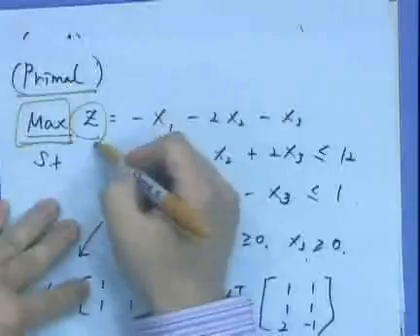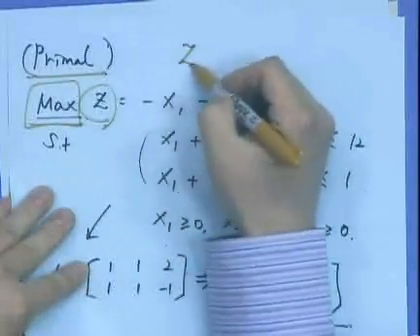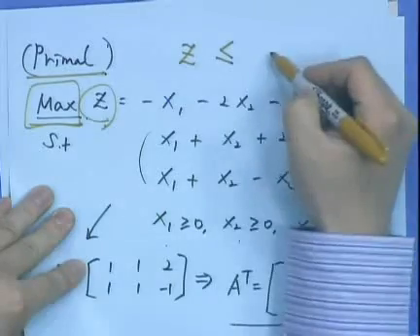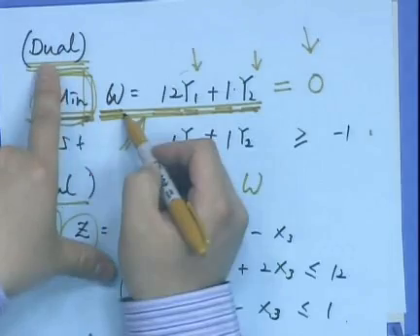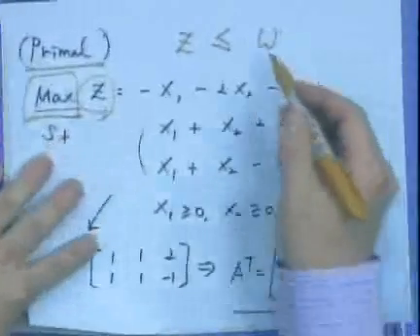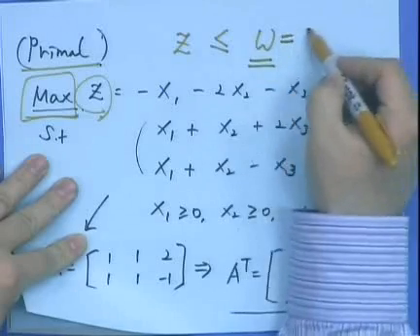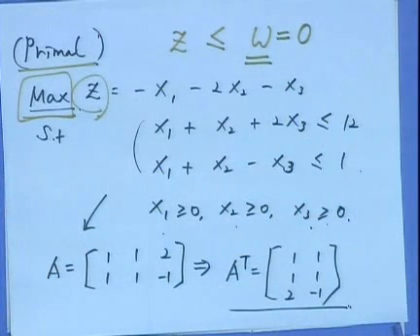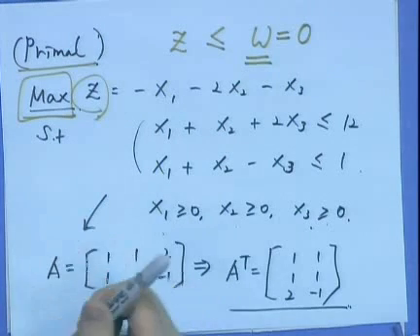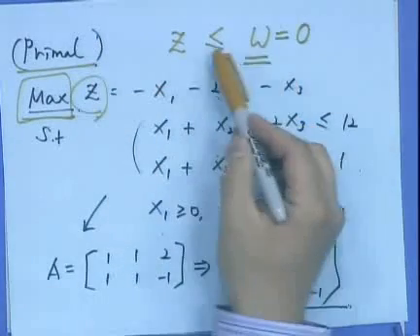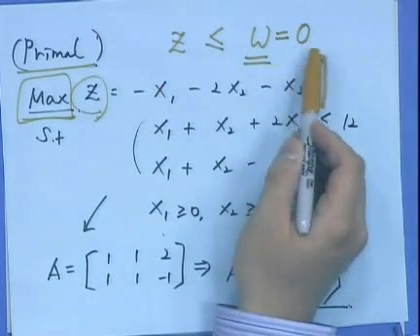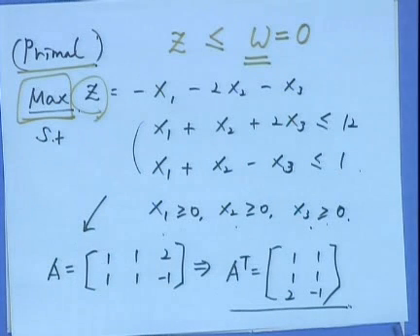So this z value should be less than or equal to the W value, which is the objective function value from the dual problem. And we know that W is equal to 0. So we are able to show that the optimal objective function value for the primal problem is less than or equal to 0 using the weak duality theorem.